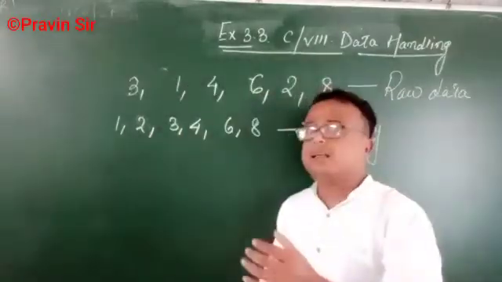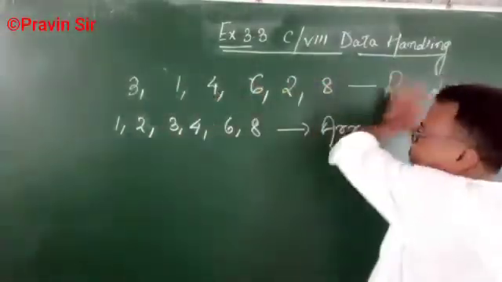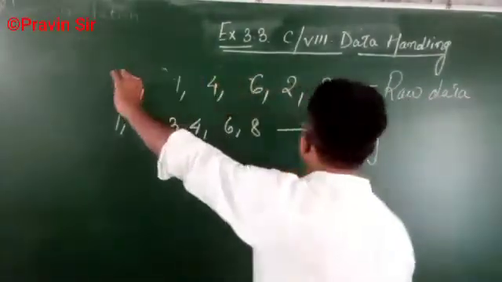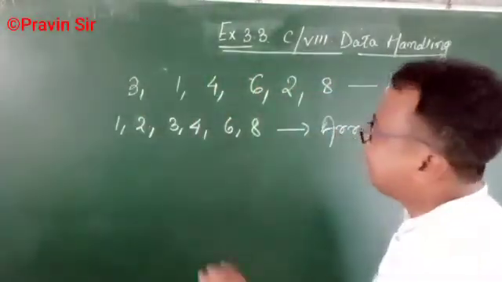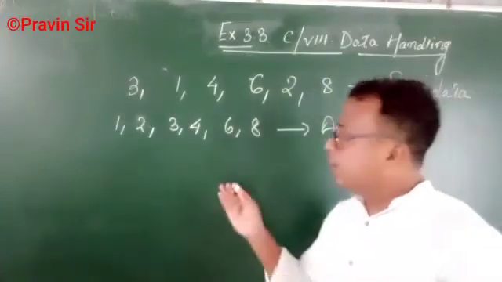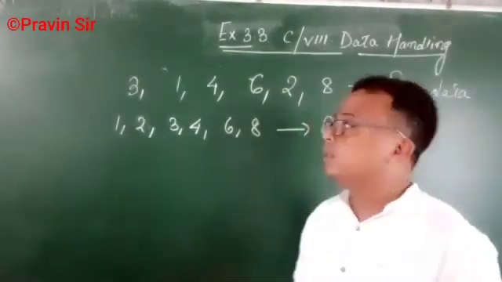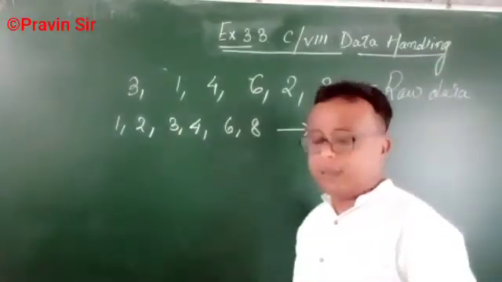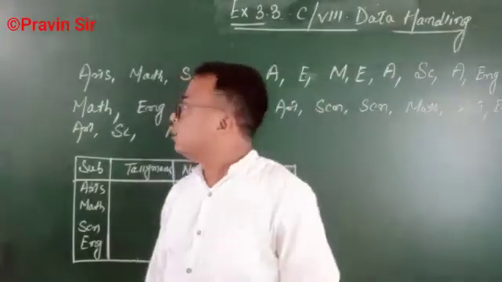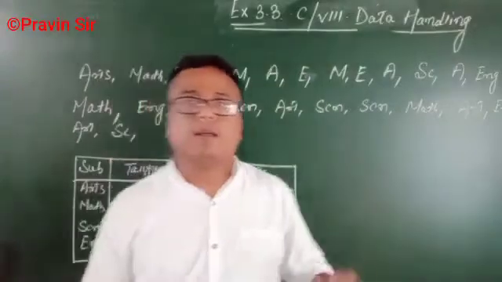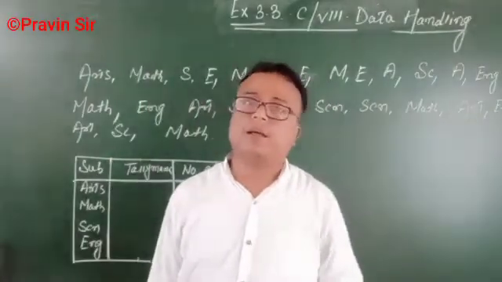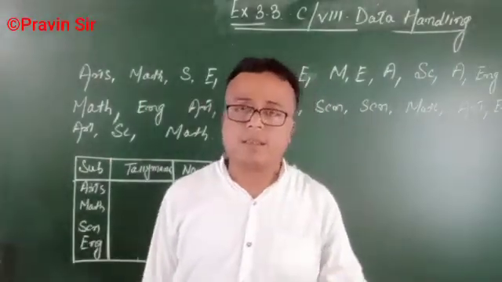So first we will collect the data, and that data is called raw data. After collecting the data, we have to arrange it either in increasing order or in decreasing order, and that data is called an array. Now suppose I did one survey regarding their favorite subjects.